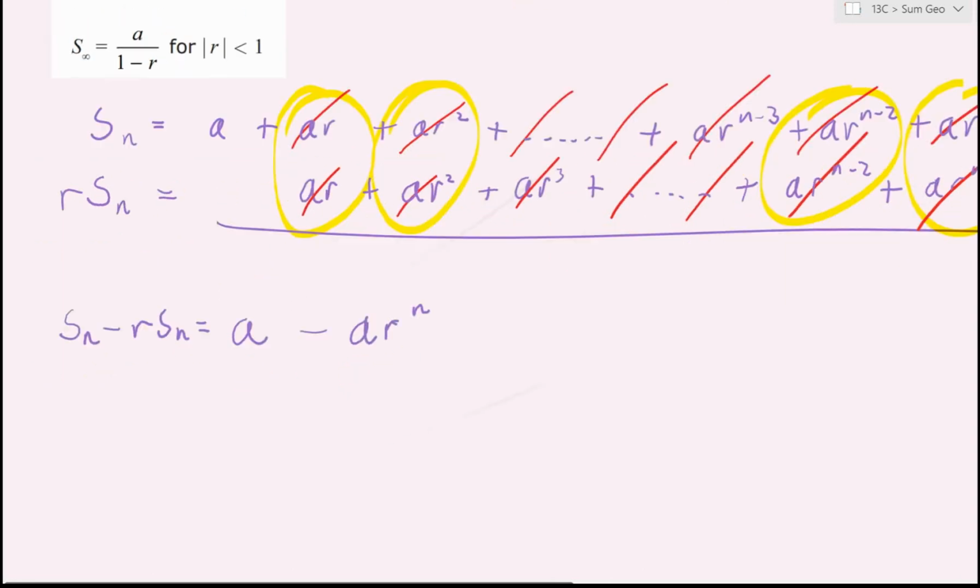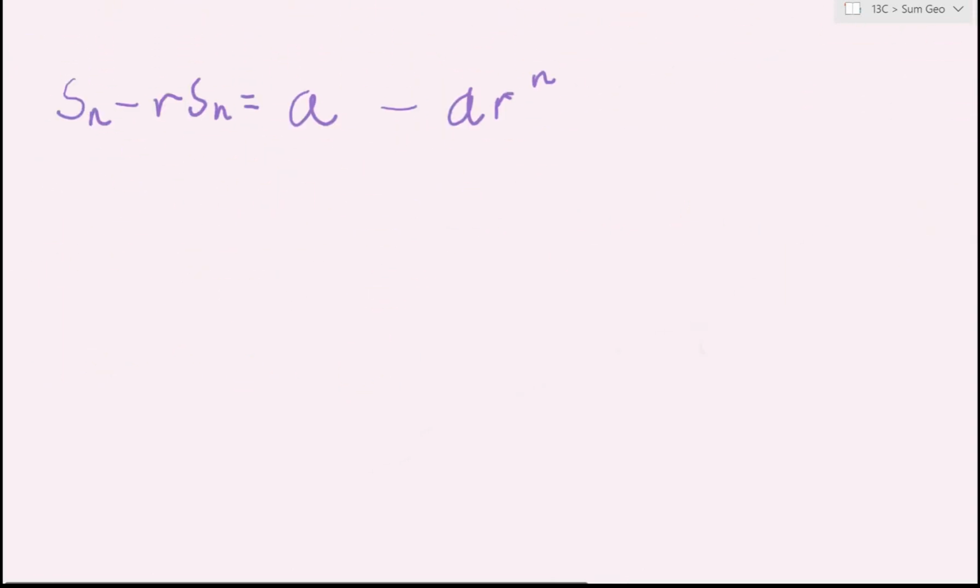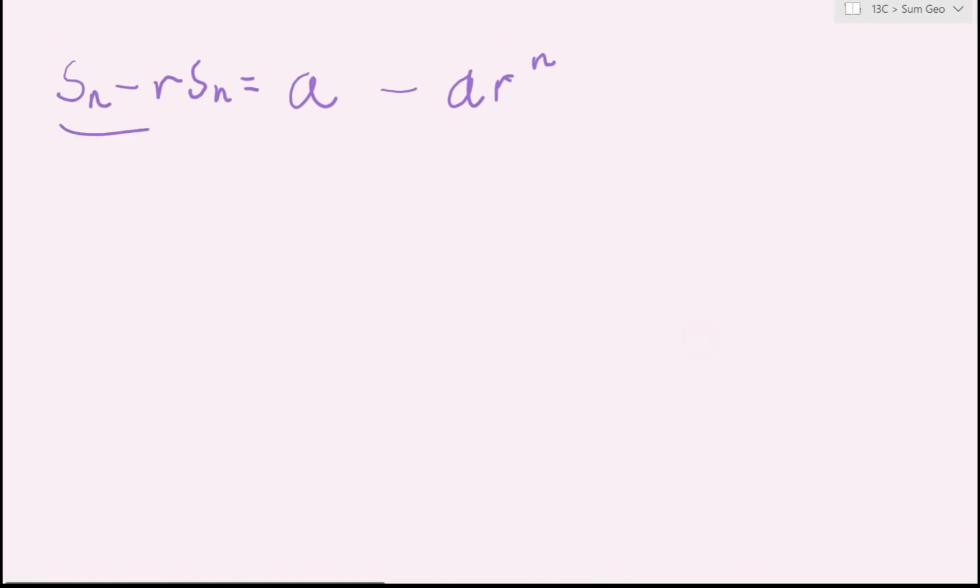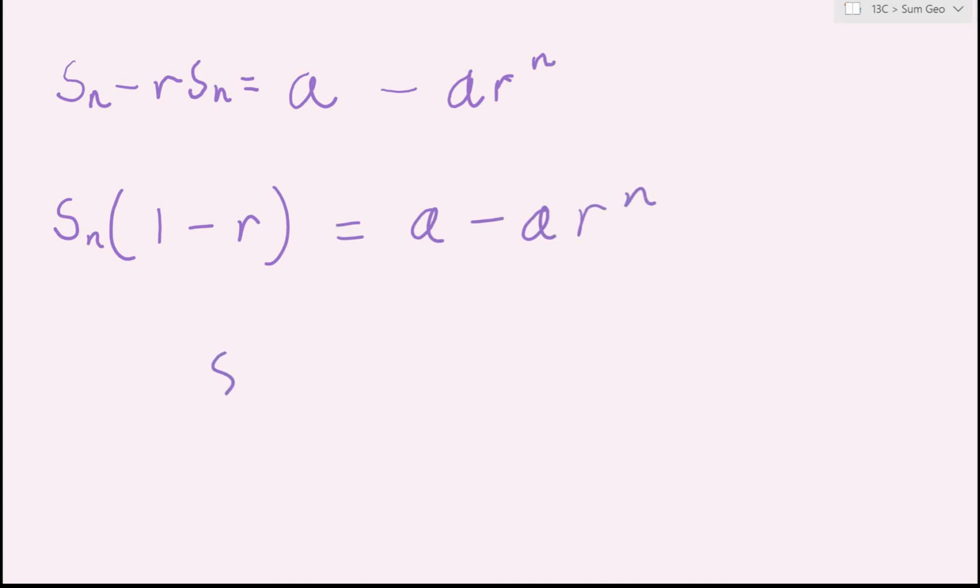Now we have a much more compressed expression. However, I just want Sn. I don't want 2 lots of Sn. So to make that disappear, we take out a factor of Sn. So we have Sn times 1 minus r equals a minus ar to the n.